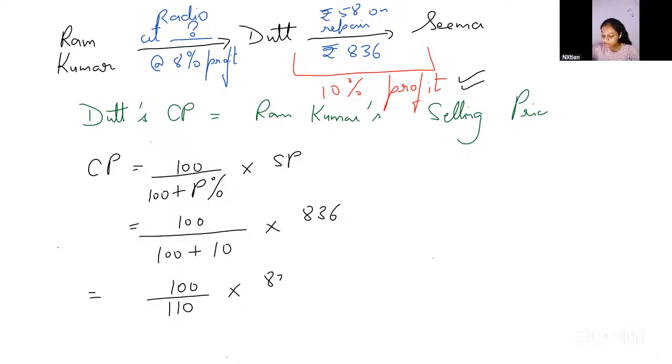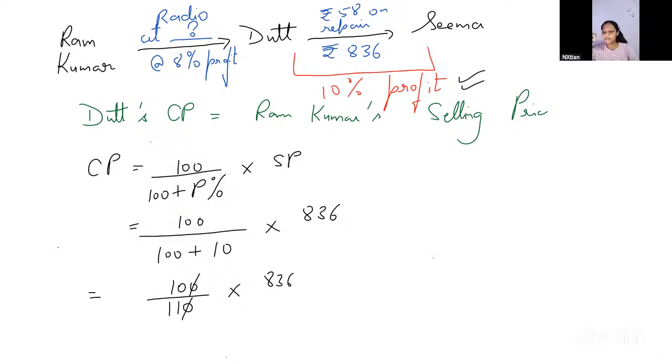Ma'am, don't you subtract it from 836? Abraham, we subtract it after calculating the cost price, because I don't know the cost price right now. Once I have the cost price, from the cost price I will subtract repair work.